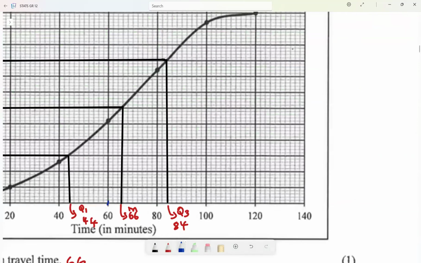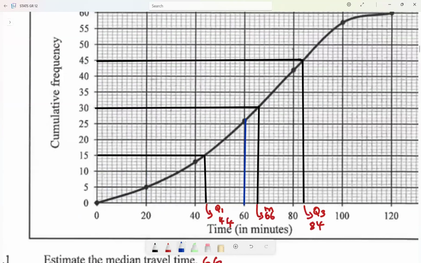So I'll come here and go up until I reach my graph, the ogive. And then I get those people. How many people are there? Let me see here. Let's go.